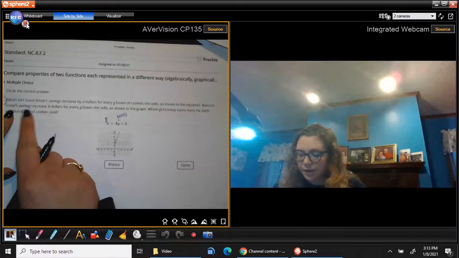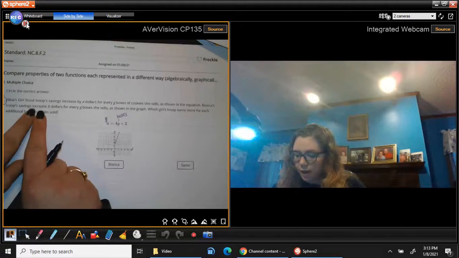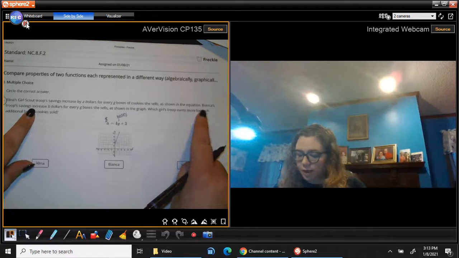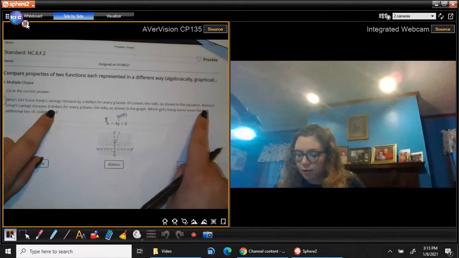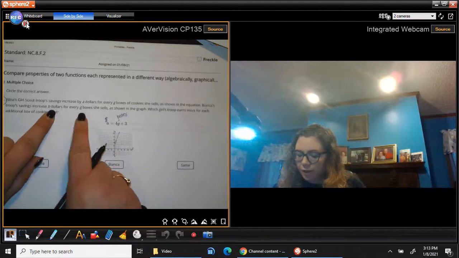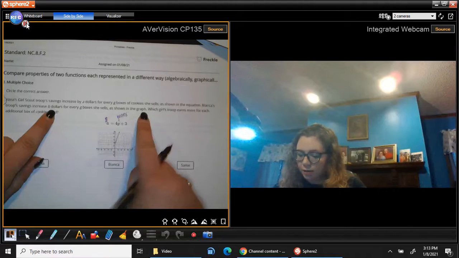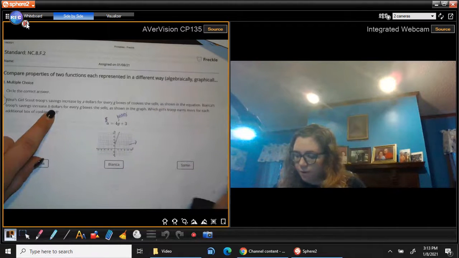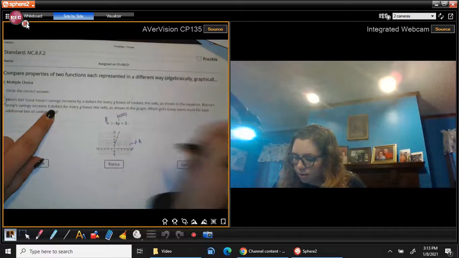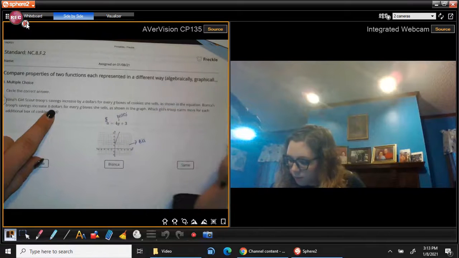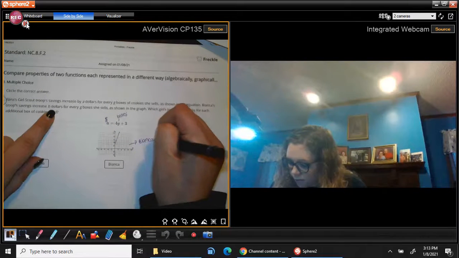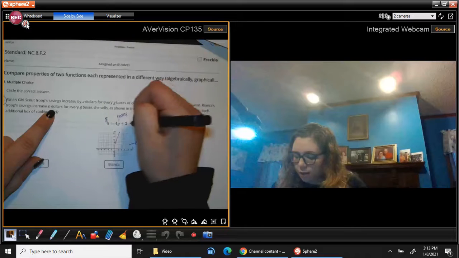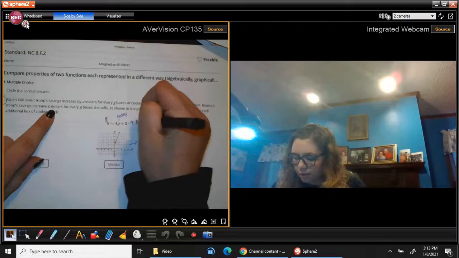Bianca's troop savings increased $B for every G boxes she sells, as shown on the graph. So the graph represents Bianca's, and then the equation represents Alina's.